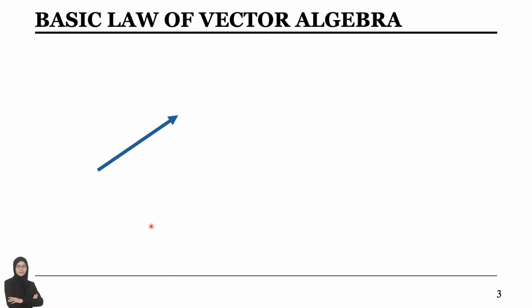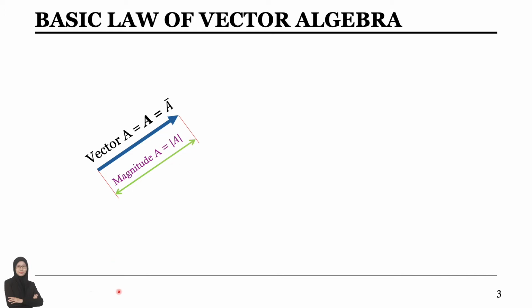This is a vector. Let's say we name this vector as vector A, and this is the way we write a vector, either by bolding the letter or putting a line on the letter. The vector has two components. The first one is magnitude. A magnitude indicates the length or size of a vector, and this is how we write the magnitude of a vector.